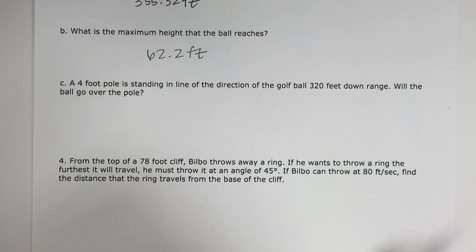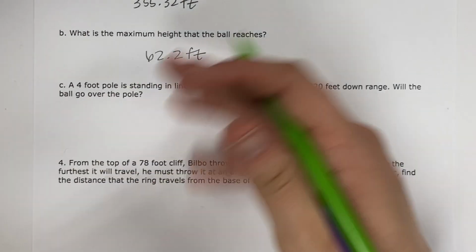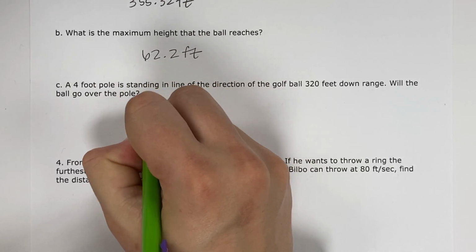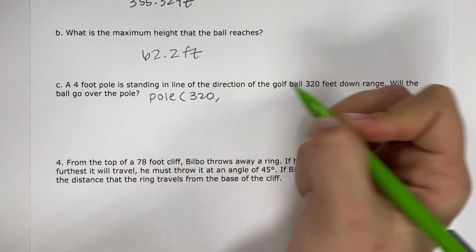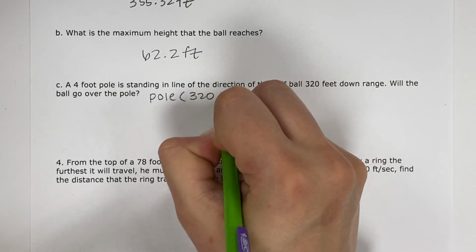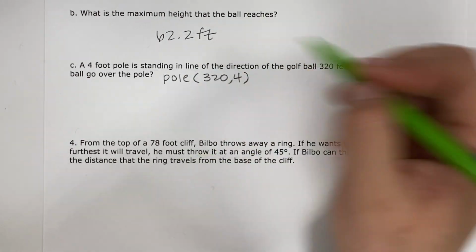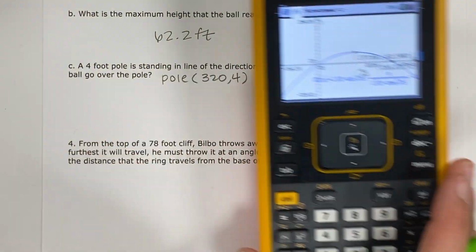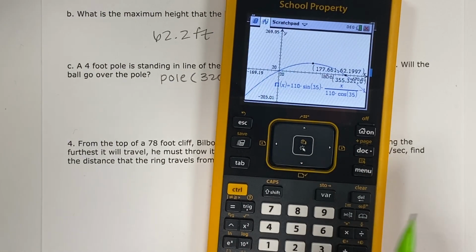Okay, you have a 4-foot pole standing in the line of the direction of the golf ball 320 feet down the range. So the pole is 320 feet away and it's 4 feet high. Will the ball go over the pole? So this is similar to the baseball hitting the fence. So I'm going to graph trace that 320 to see what our golf ball is doing there.